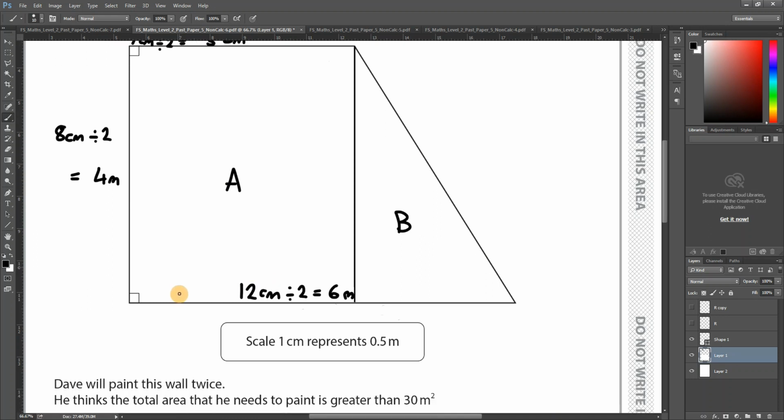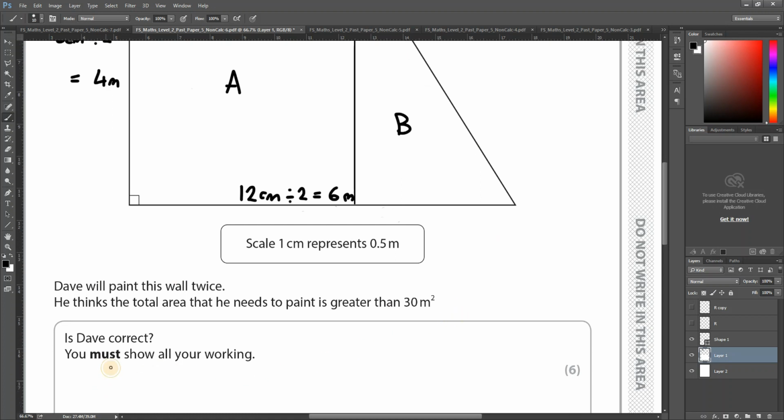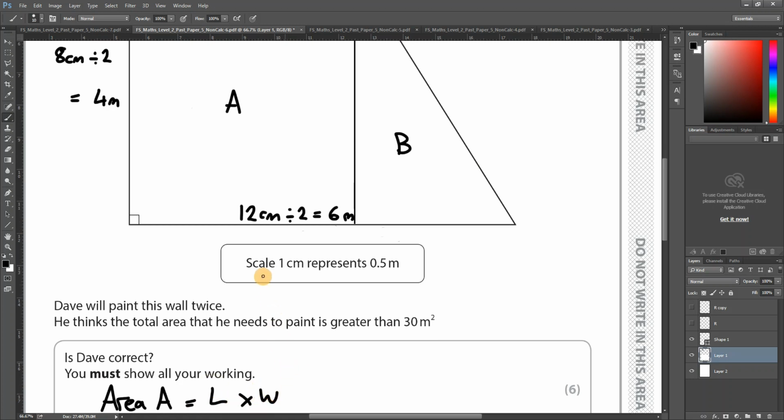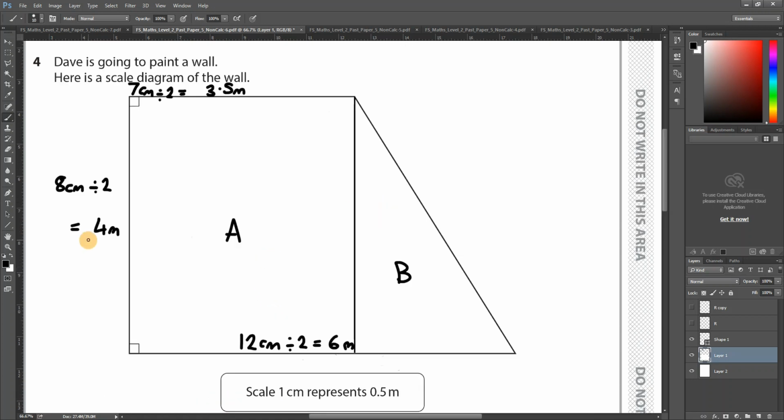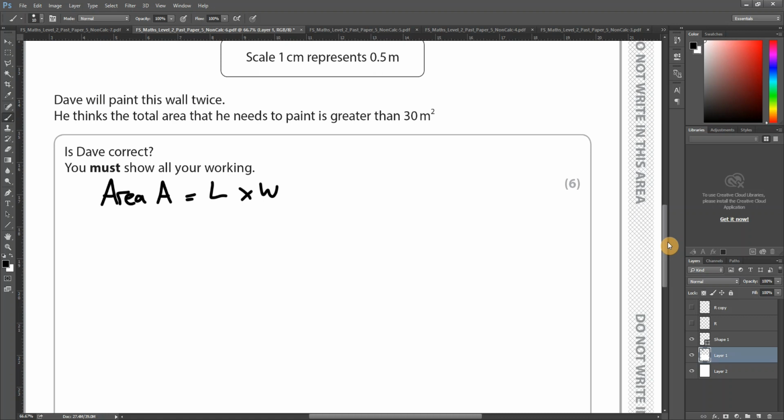So let's do area A, which is, let's write it down here, area A. Obviously that's length times width, so that's going to be 4 times, what was it? 4 times 3.5. So let's do that first. So 4 times, oh, how am I going to do that without the calculator?